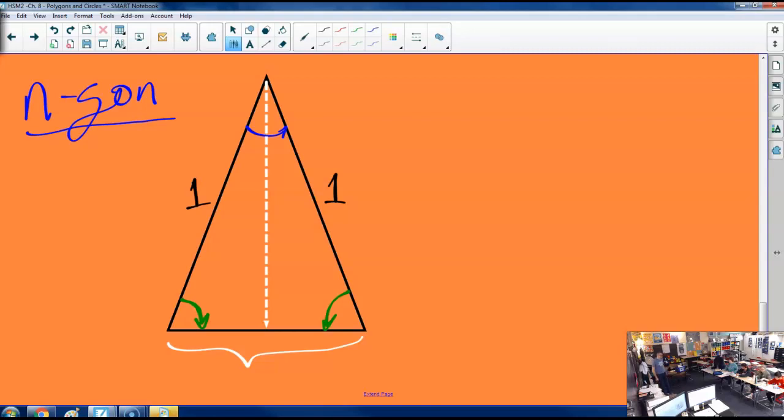You're each doing the same thing, but with a different gon. So yours is a 10-gon. For your central angle, you'll take your 360 and divide it by your n. In your case, n is 10, making 36.